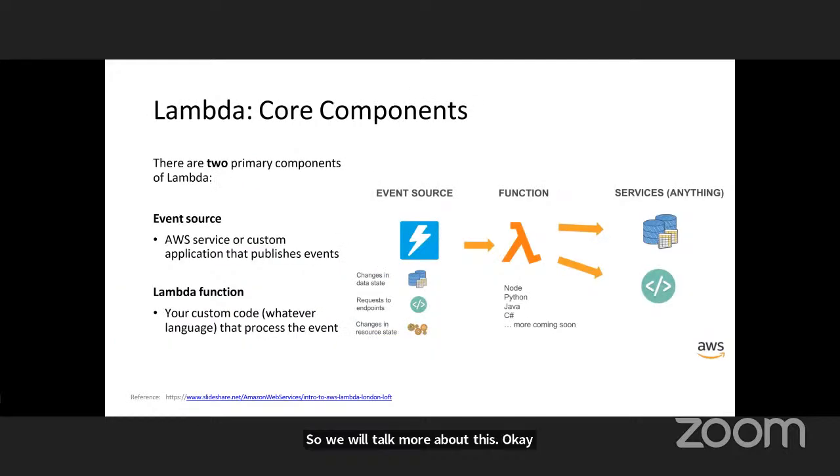Let's dive into the core components of Lambda. Lambda has two main components. First, the event source. This could be an AWS service or a customer application that publishes events.